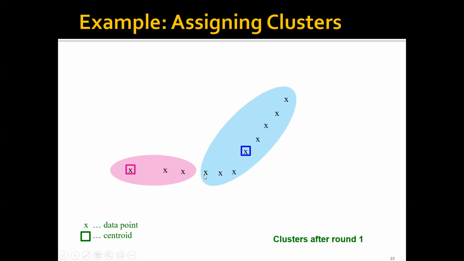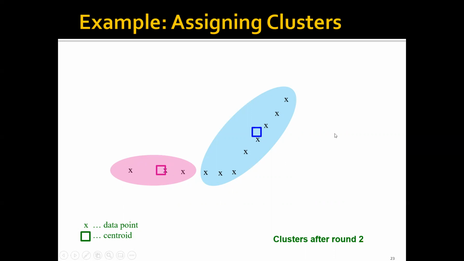For example, this point, it's closest to the blue centroid, therefore it's grouped into the blue cluster. And then in the second round, we will update the centroid of each cluster. For example, for the red cluster, we will calculate the average of these 3 points to get the new centroid, and similarly for the blue cluster.